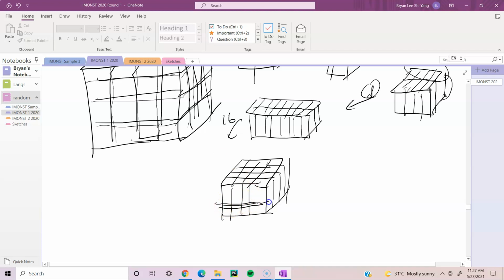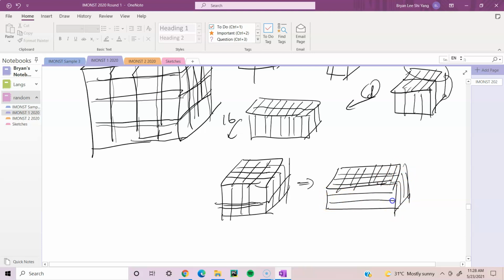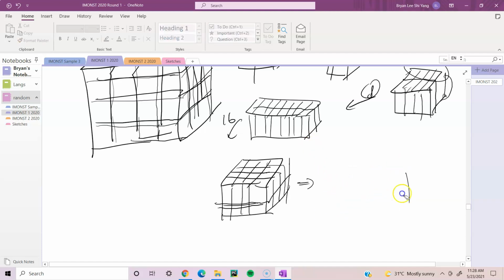Cut through the middle, and then Geeta will have 32 blocks here. It's not the prettiest, but anyway. Sorry, this one I need to erase a bit. So this one, we will cut and then we will have 32 blocks.